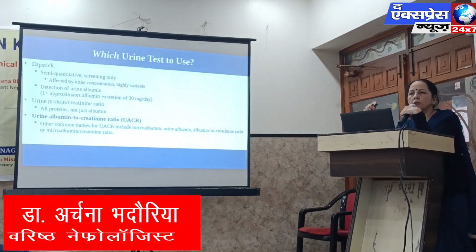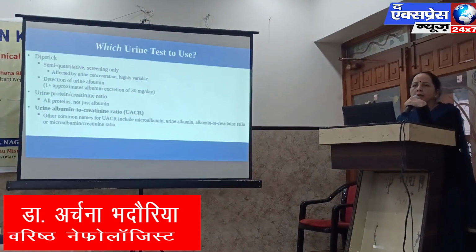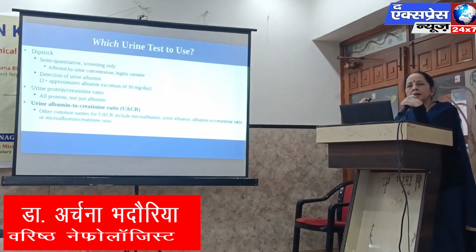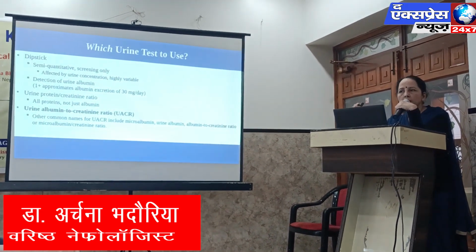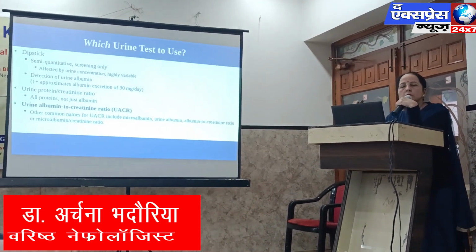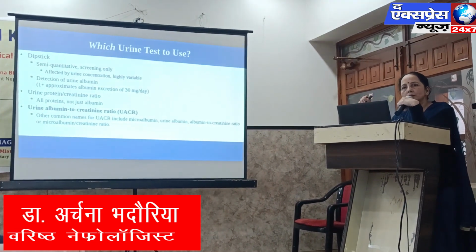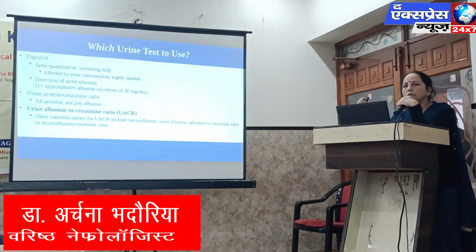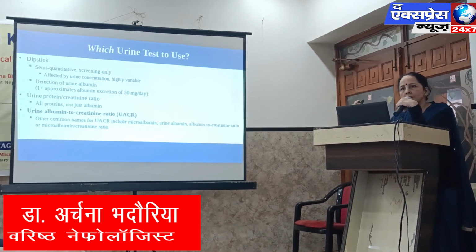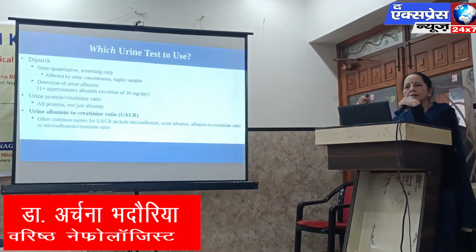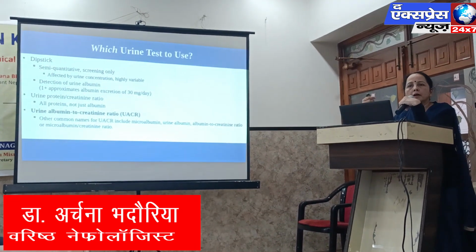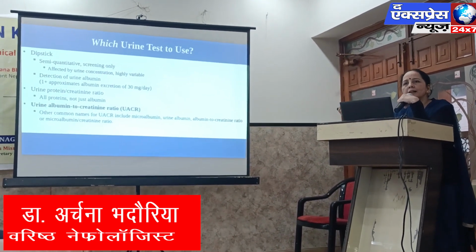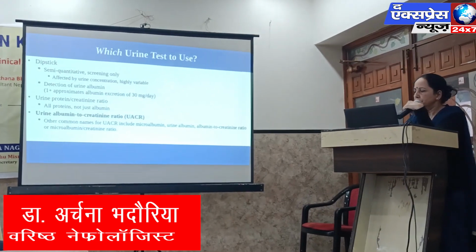So creatinine, for all practical purposes, is 14 milligrams per kg body weight per day. Creatinine is a metabolic waste product of our muscles. So its excretion in the urine is constant. So one factor is constant, the denominator. The numerator can vary. So the ratio gives a true reflection of the amount of albumin or protein that is being excreted in the urine per day.